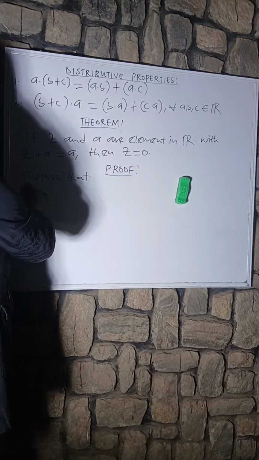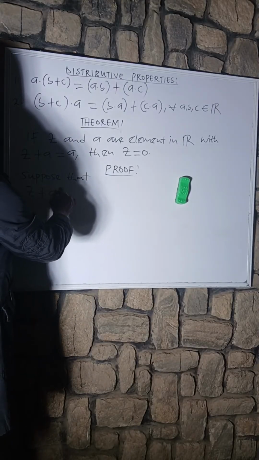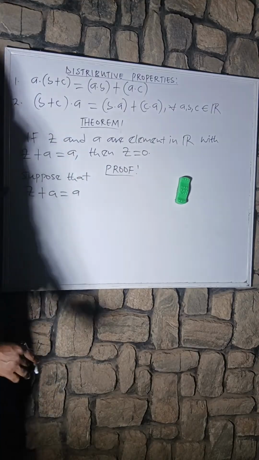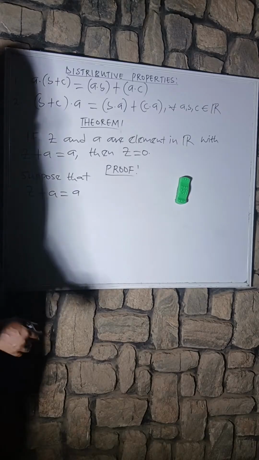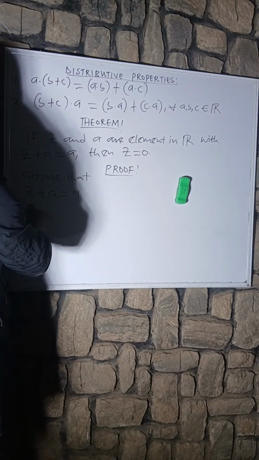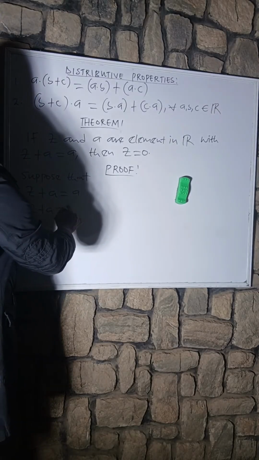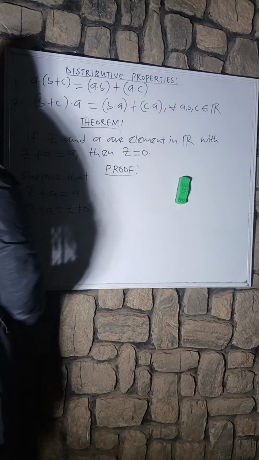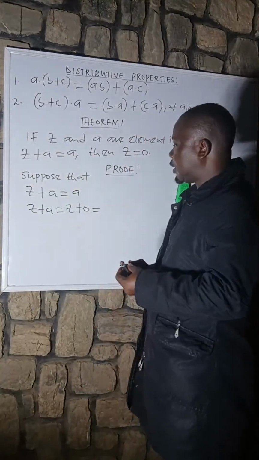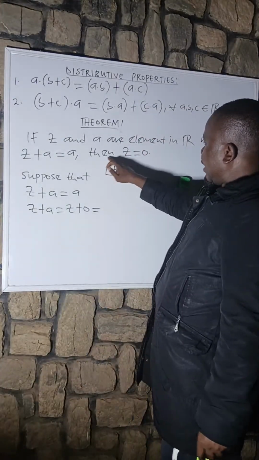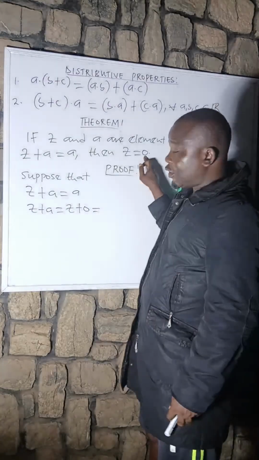Suppose that we have Z plus A equals A. Then Z is equal to 0. So this implies that Z plus A is equal to Z plus 0.